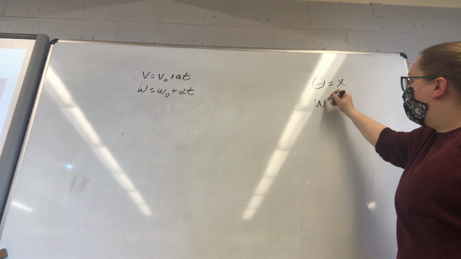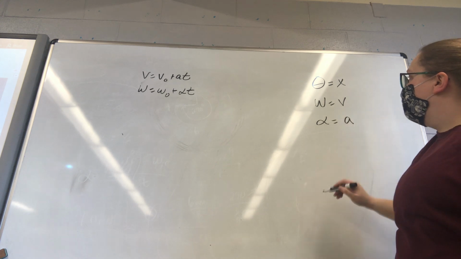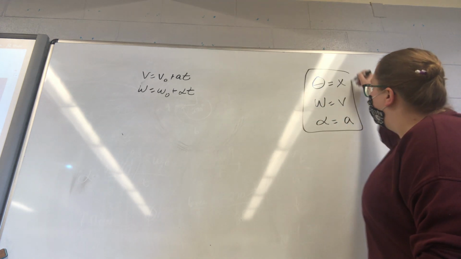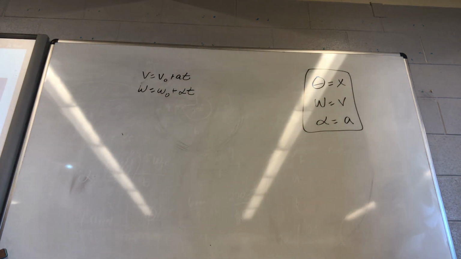I know. Hi, y'all. We digress. These are the analogs. The rotational quantity is on the left. The linear quantity is on the right. So in other words, you can replace the things on the right with the things on the left.